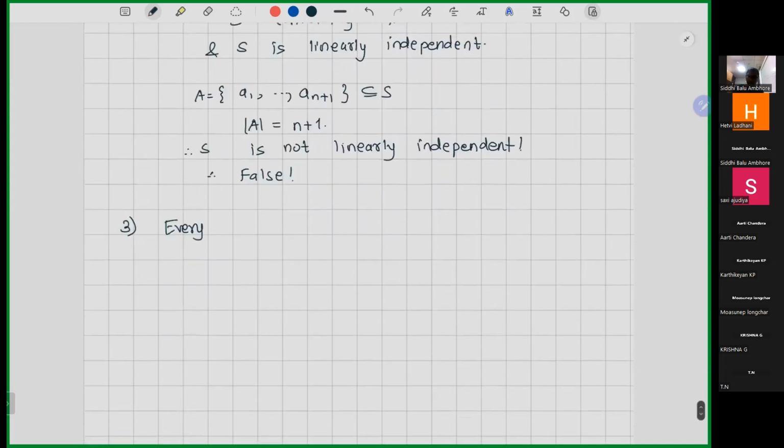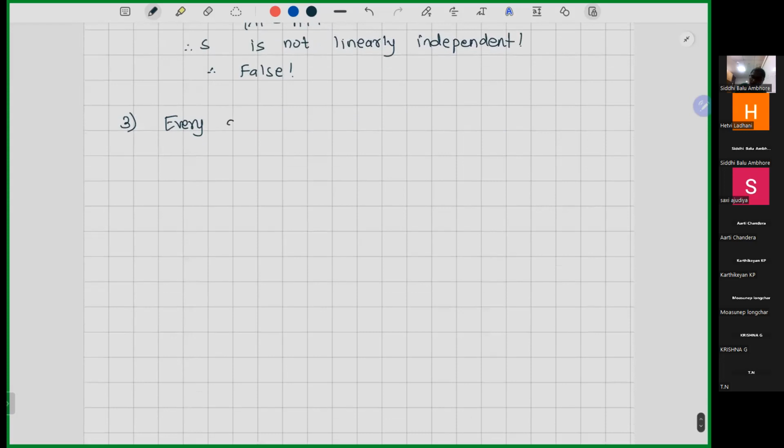Now we move to the next question: every subspace of a finite dimensional vector space over R is finite dimensional.